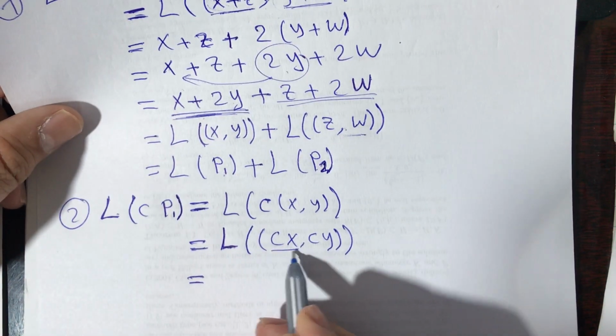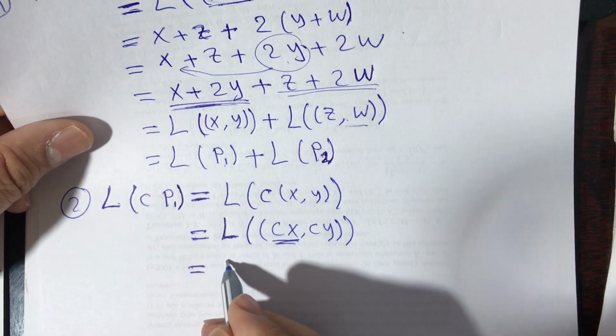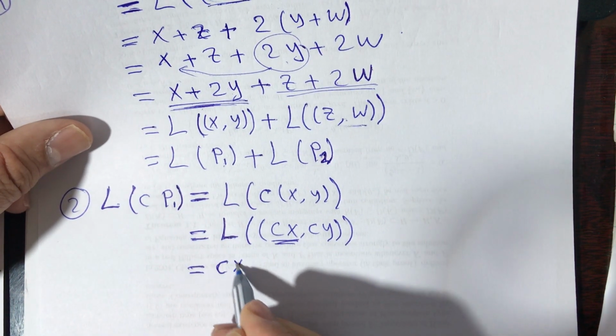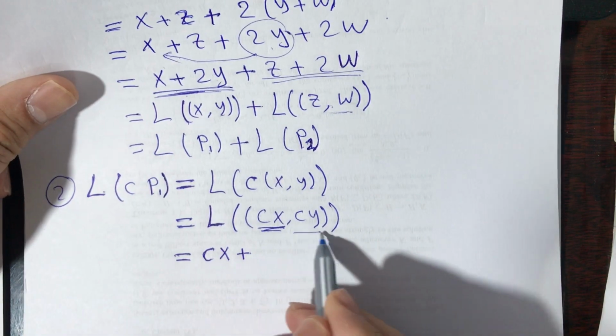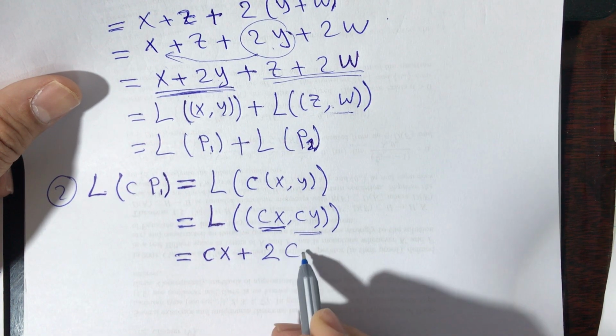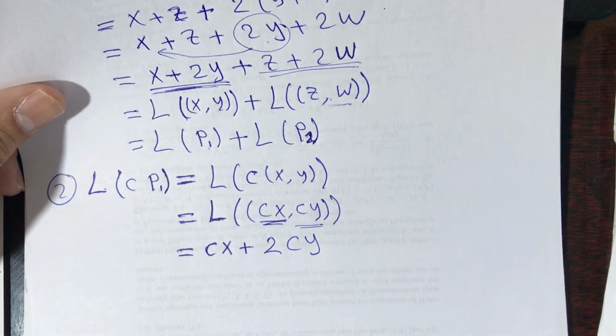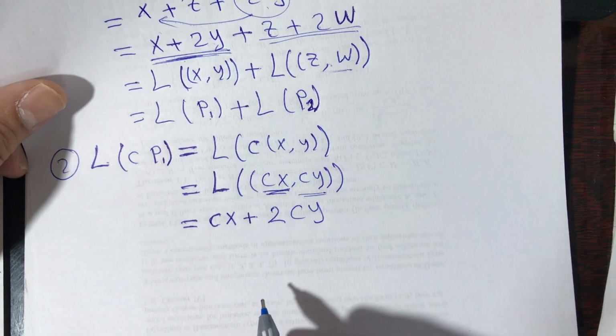The first argument here is Cx. So we write here Cx plus 2 times the second argument. And what about the second argument? Cy. So this is Cx plus 2Cy.